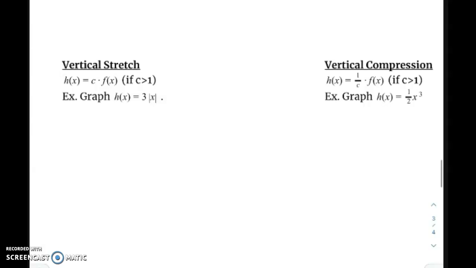Vertical stretch and compression. So, if you have a number in front, and it's larger than 1, for example, like 3, you're going to stretch it by 3. I guess we should say vertical. Vertical stretch by 3.